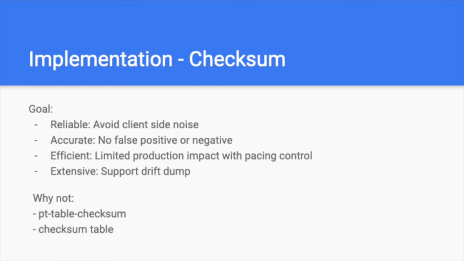Similarly for CHECKSUM TABLE, the granularity is on the table boundary. So we don't really have any resource control mechanism over how fast it can compute the checksum and how much CPU and compute resources it uses when the command is fired against the instance. And also, it only tells whether or not these two tables look different. It is then left to the operator to figure out what exactly is different once you know the checksum looks different.